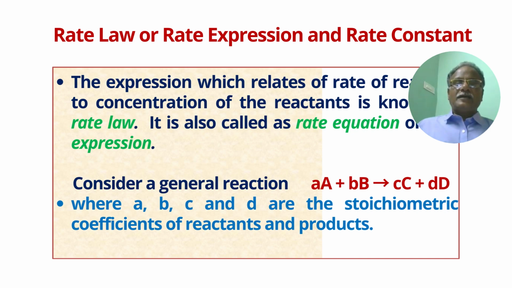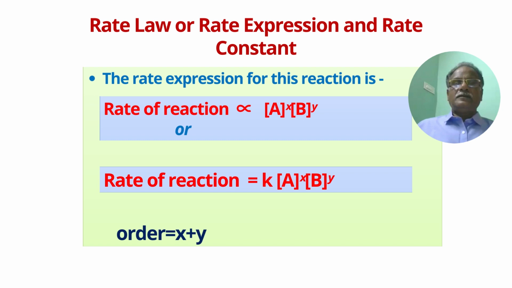Consider a general reaction. The rate expression for a given reaction can be written as follows. Rate of reaction is proportional to the product of concentrations of reactants powered by the number of moles of that particular reactant.